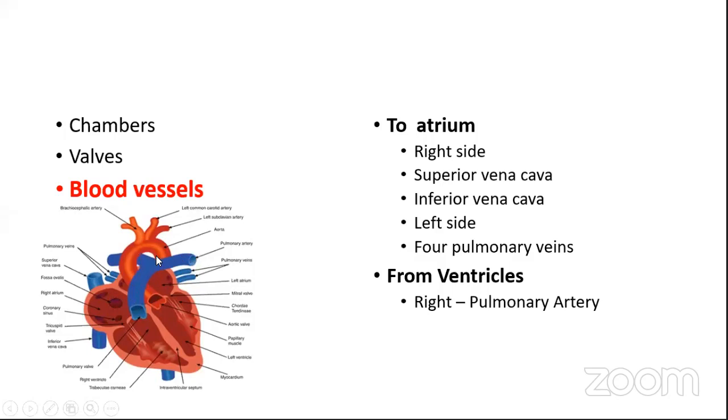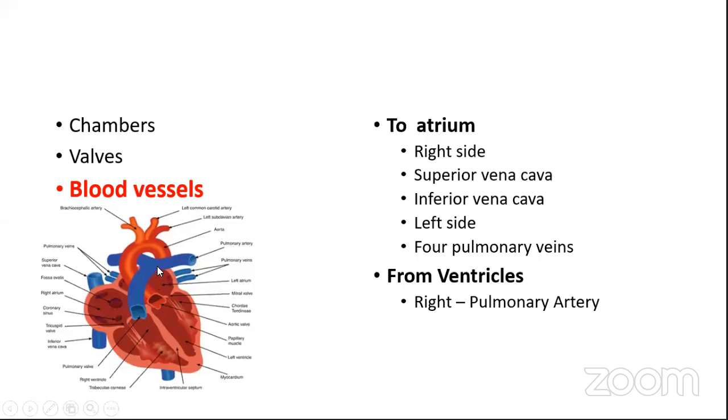The blood comes from the superior vena cava and inferior vena cava, enters into the right atrium, and pushes the blood into the right ventricle through this tricuspid valve. This ventricle pushes the blood into the blue color pulmonary artery.